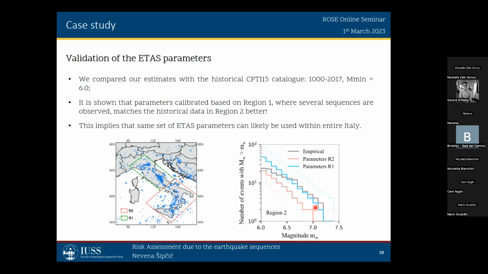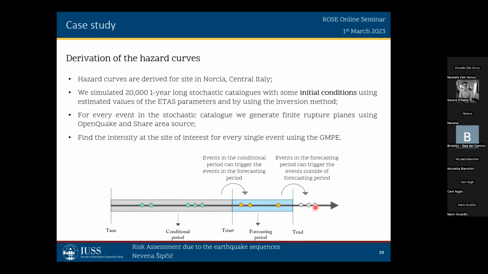So after we gain confidence in the parameters that we estimated, we moved to the derivation of the hazard curves. We picked a site in central Italy, Norcia, where historically many sequences have been observed, and we simulated 20,000 one-year-long stochastic catalogs with some initial condition using the inversion method.